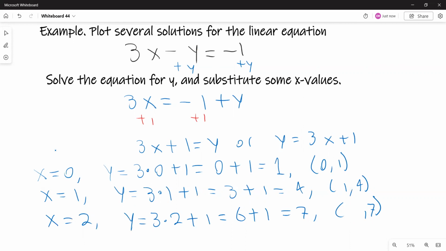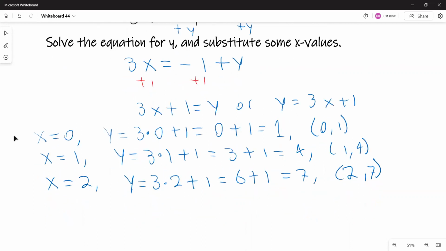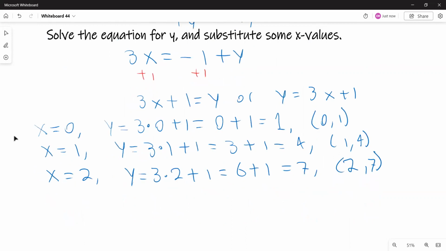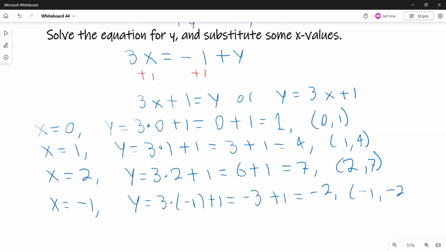And I'll do one more. x equals -1. y is 3 times -1 plus 1. 3 times -1 is -3. Plus 1 is -2. And we got what? We got -1, -2.